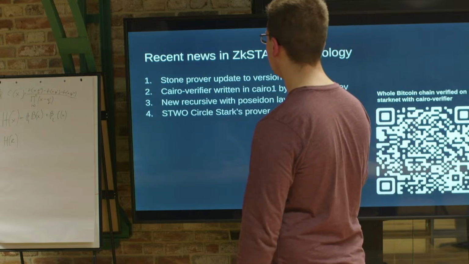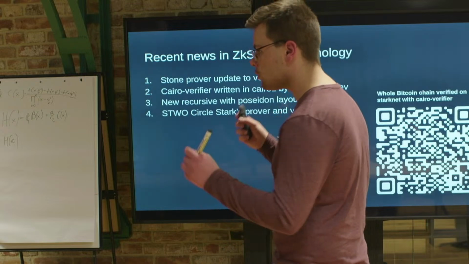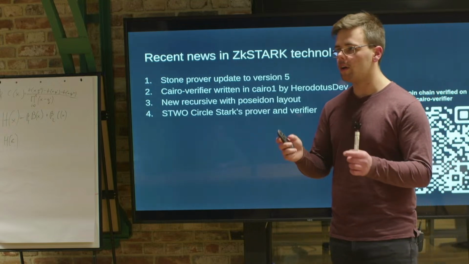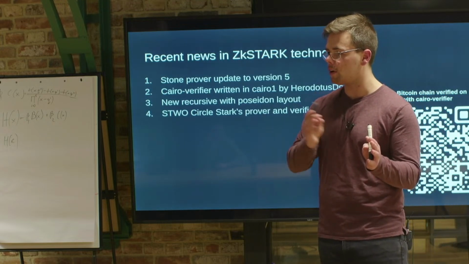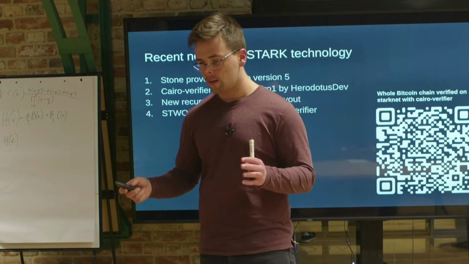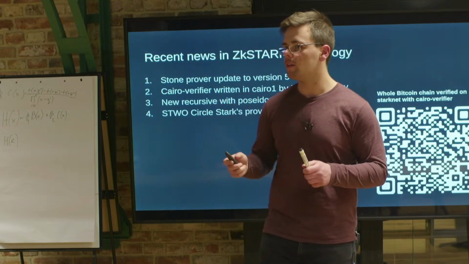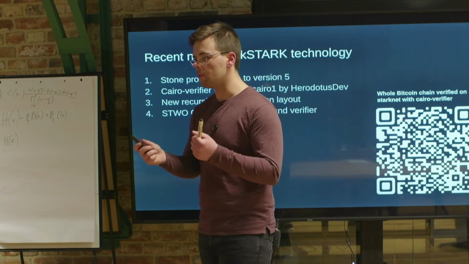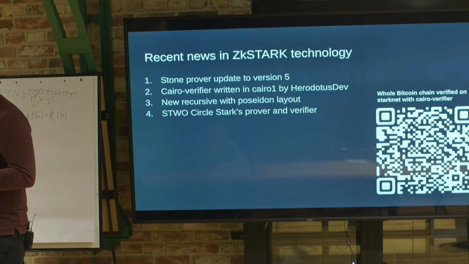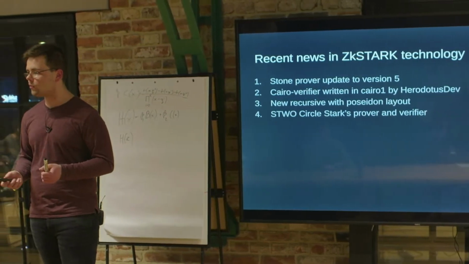Before that update, we had real trouble: you can choose a hash function for friendliness for the prover, so the regular CPU like x86, or you can choose friendliness for the CPU of this architecture. And it's like always a fight between the two. So you either have fast proving or fast verifying. And with the Poseidon hash, it's good for both, fortunately.